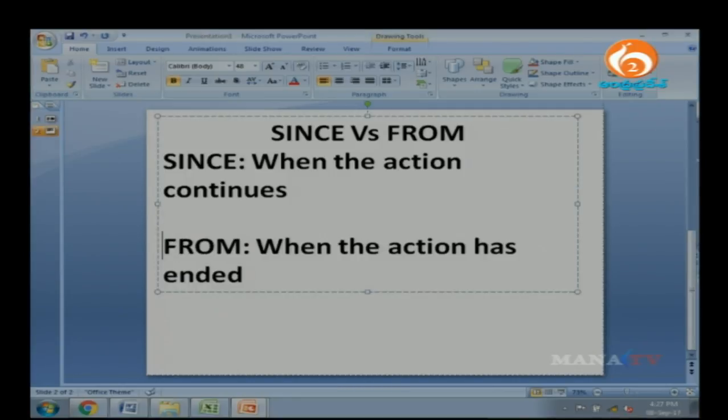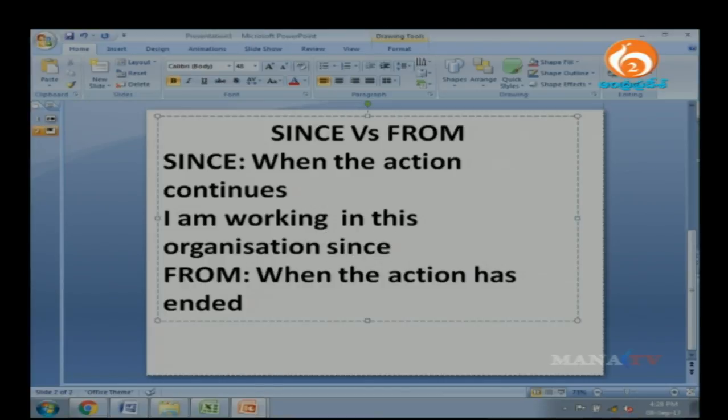Let me give you an example. I am working in this organization since 2015, which means I am still working in this organization.